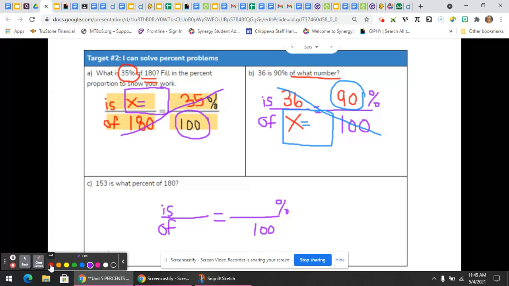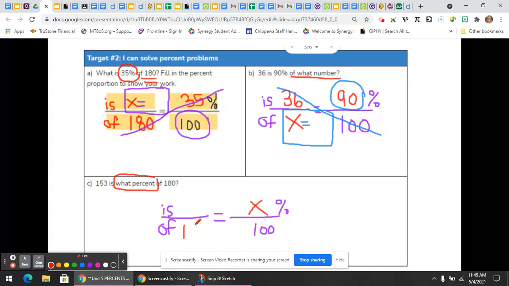Now that I've got this all set up, I'm going to read my question: 153 is what percent of 180? Here the part that's missing is our percent. We don't know it, so I know that x must go by my percent. Now to figure out, it says 153 is what percent of 180?